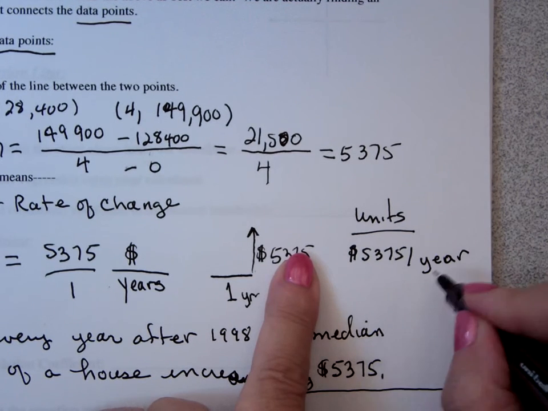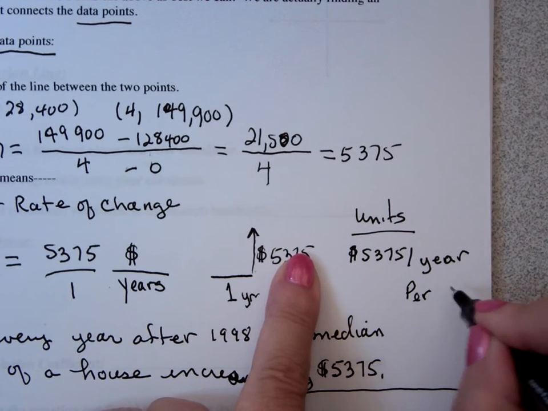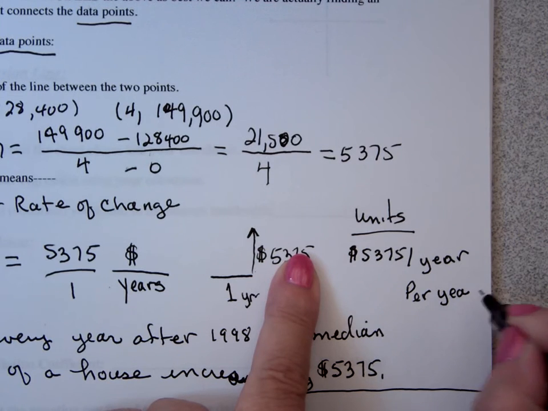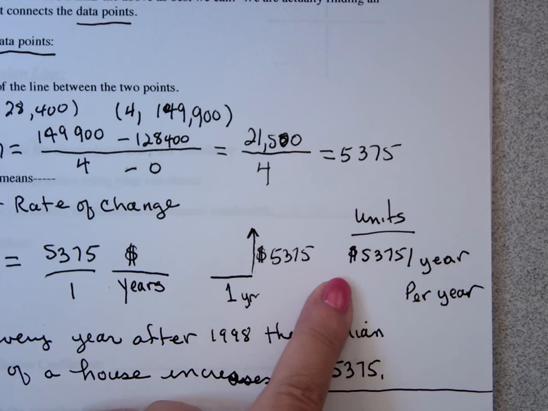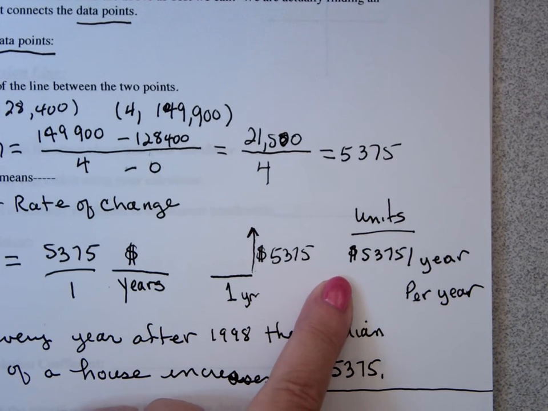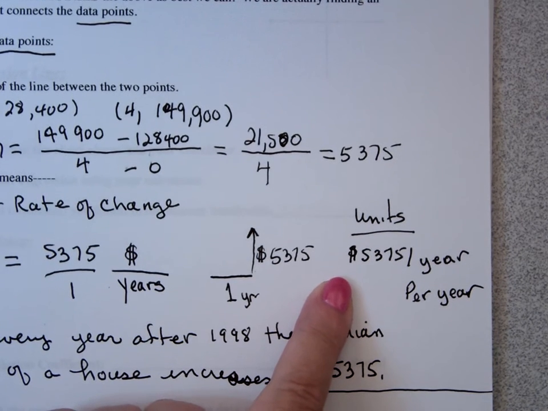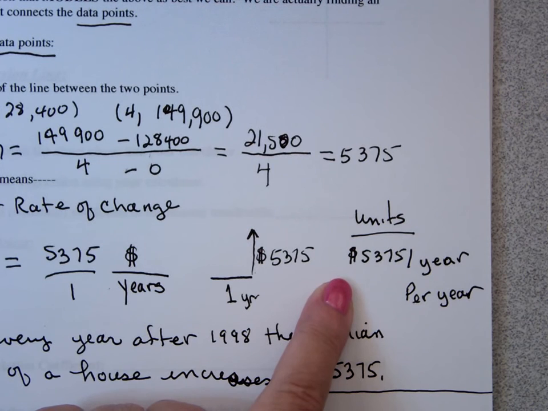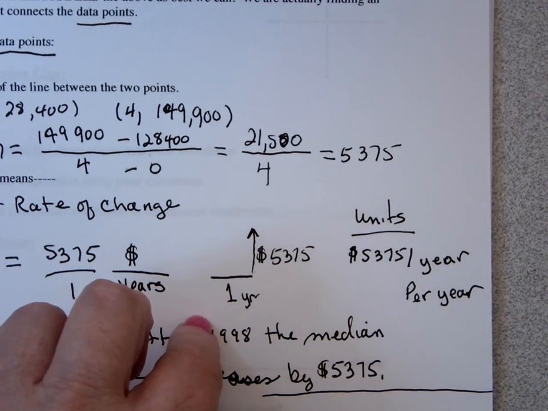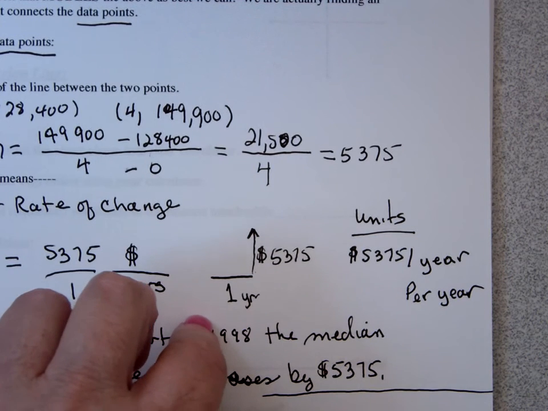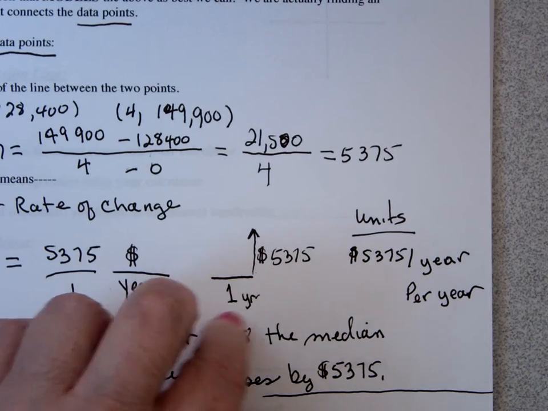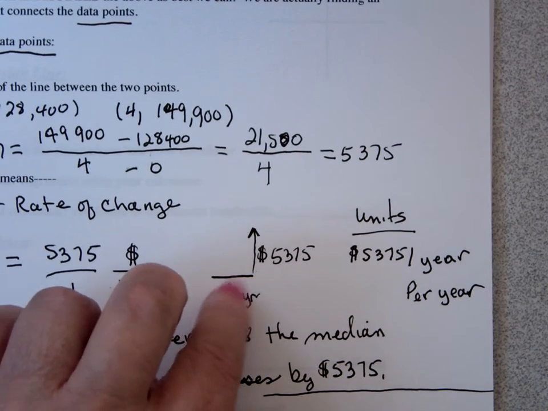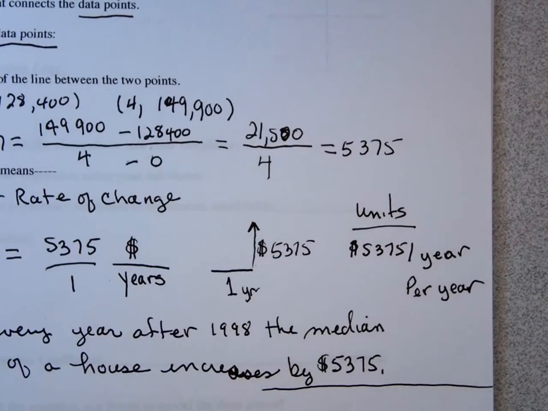Or you could say per year. It could be units per month. But when we're talking about a rate, miles per hour, that's a rate. We're talking about a rate, it's got units. Well, everything has units, as a matter of fact.